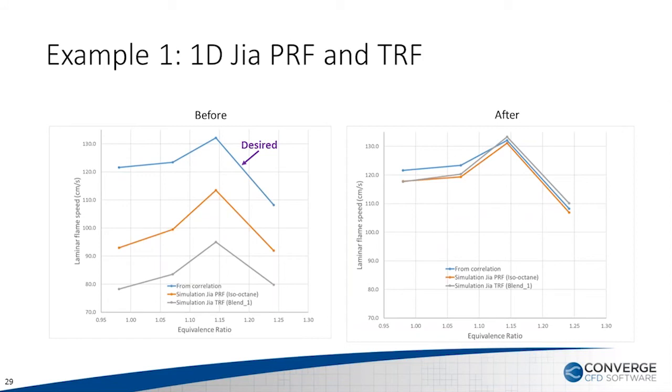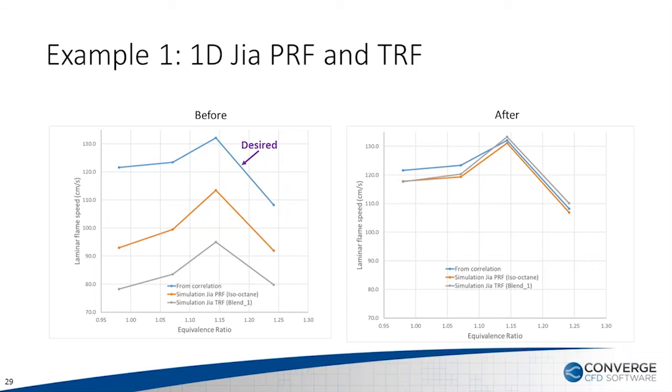First example for the mechanism optimization. Let's say we have desired flame speed as shown as the blue here. And we have Jia PRF and TRF 2 mechanisms. Obviously, they are not even close to what the desired flame speeds are.